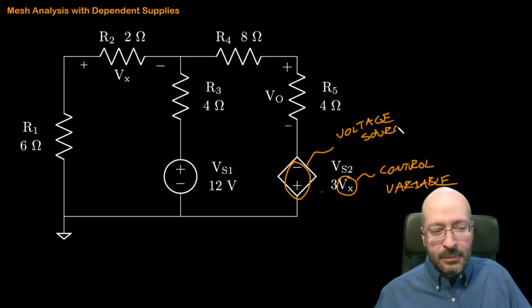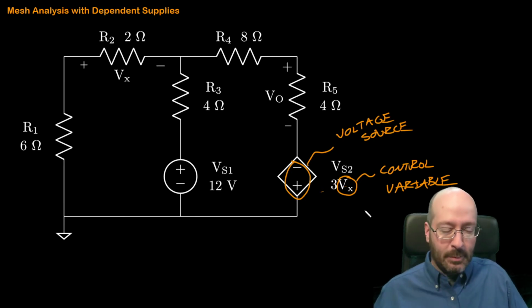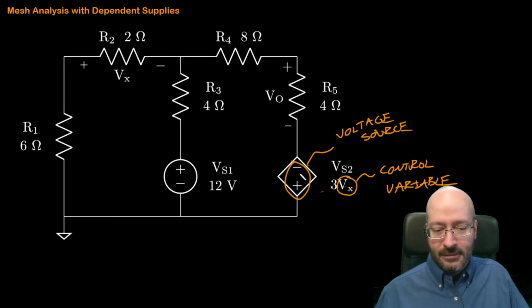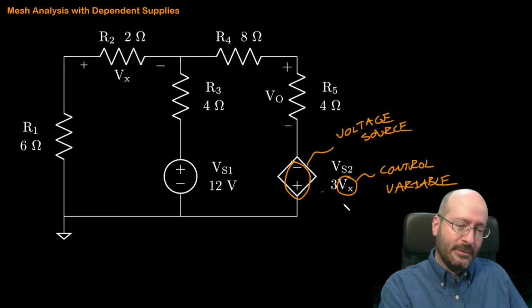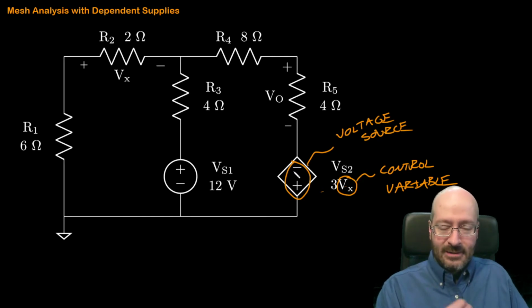Okay, so sometimes we talk about these. I'm not going to draw them all out in this case, but I will mention it every time we have a different type of source. So this is a voltage-controlled voltage source. Okay, it's voltage-controlled because the control variable is a voltage, and it's a voltage source because it's got the plus and the minus on the inside.